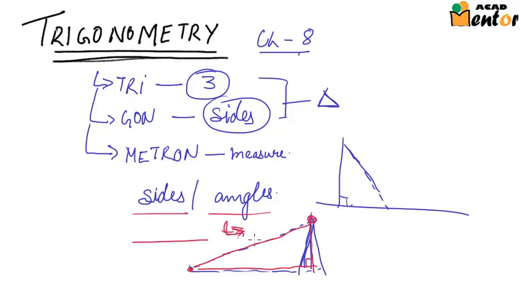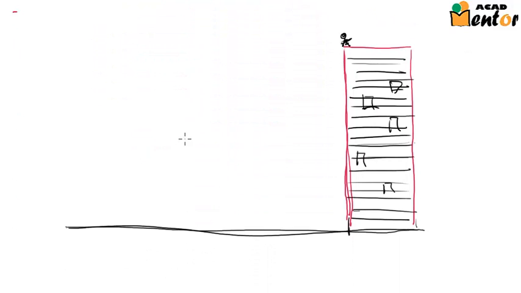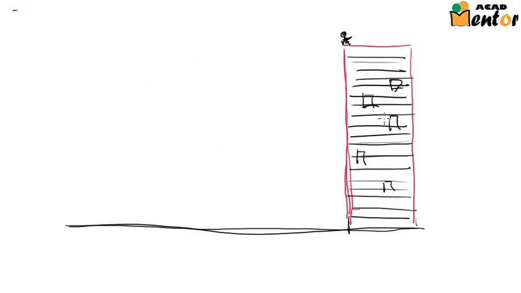Now let's look at a few examples. Let us suppose that here there's a tall building and this is the ground, and there's a small ant here who can lift her head only up to an angle of 45 degrees from the ground. So she can lift it a little lower, but the maximum is 45 degrees.